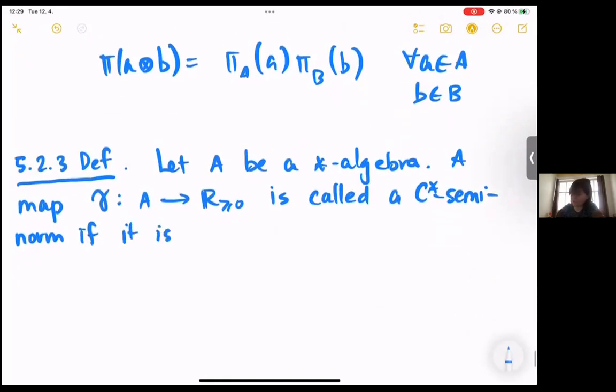Recall that a seminorm is the same as a norm, except we don't necessarily have positive definiteness.